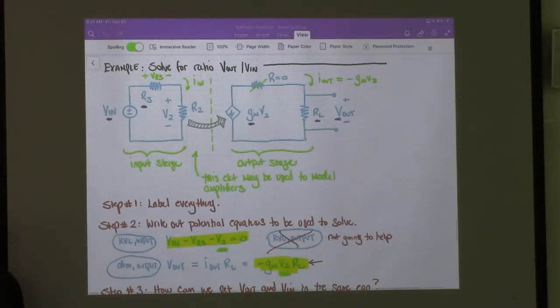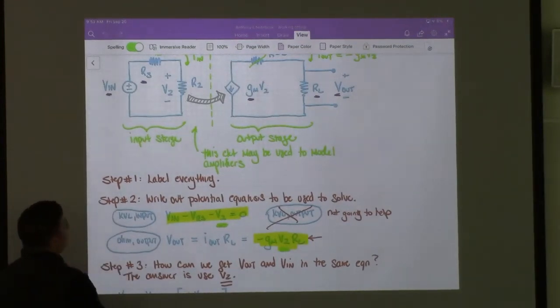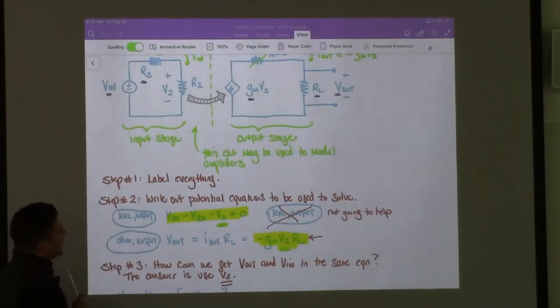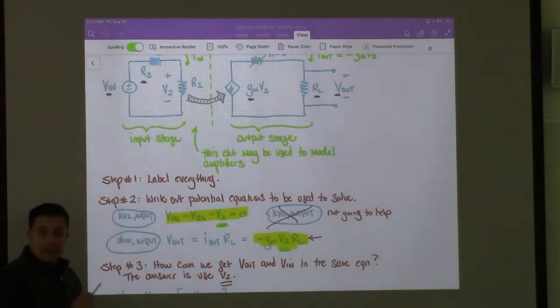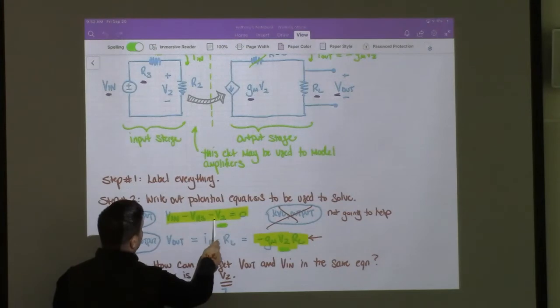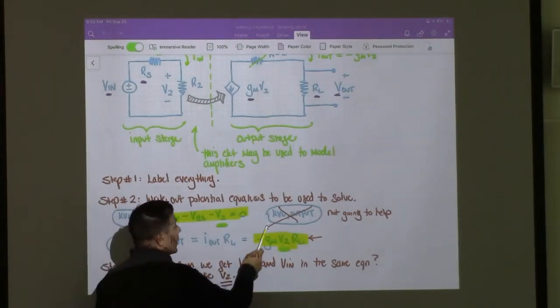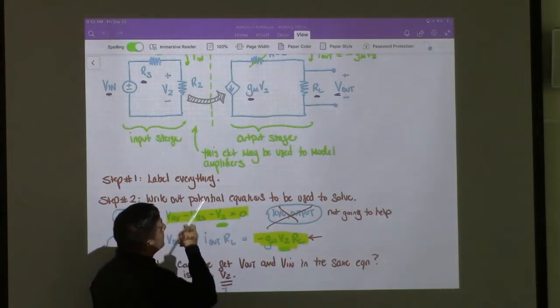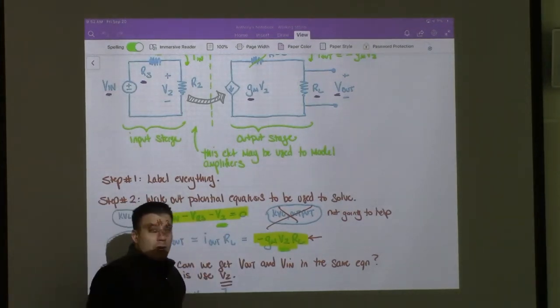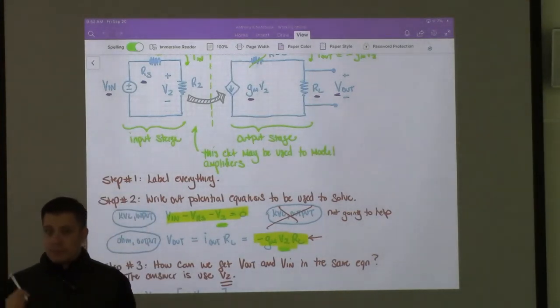And I even wrote it right here, right? So for the input stage, let's try writing out KVL. So we know Vin minus VRS minus V2 equals 0. Then I was going to try writing KVL for the output, but we don't know what the voltage is across a current source, right?